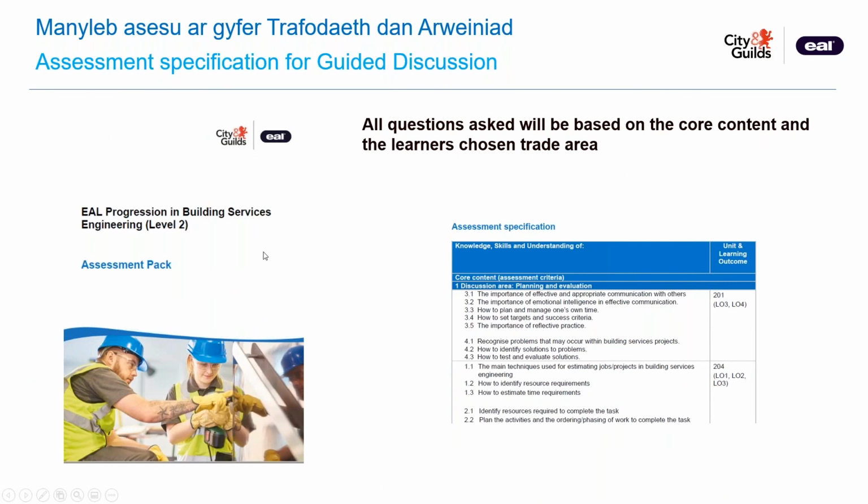So the assessment specifications for the guided discussion are in the assessment pack, and as you can see there, there's an example taken out of one of the sections for the core content, planning and evaluation, to base the questions on.